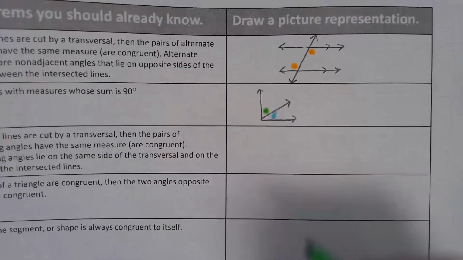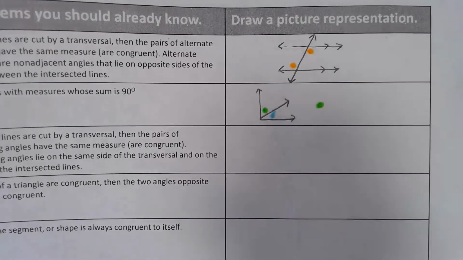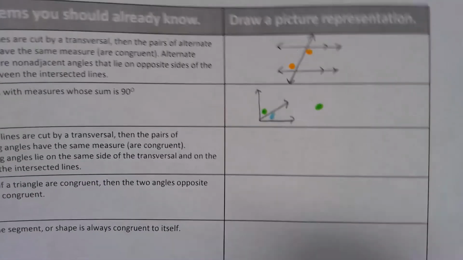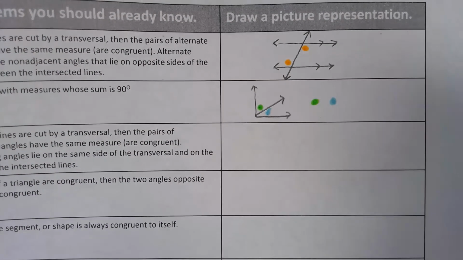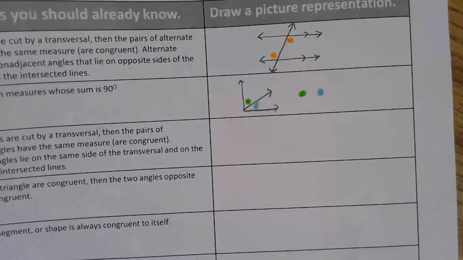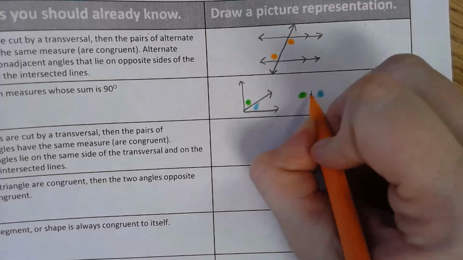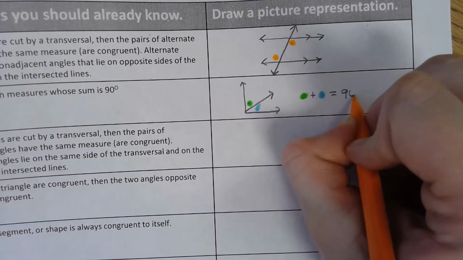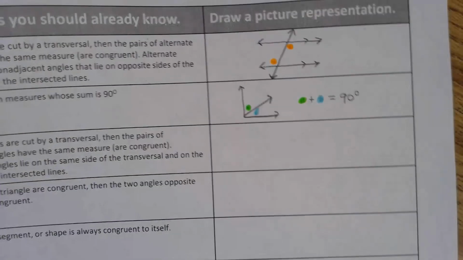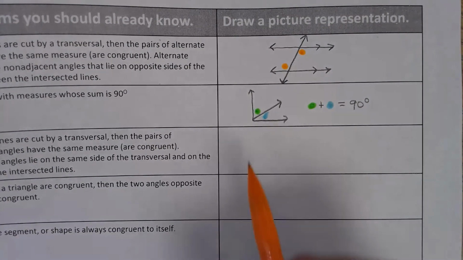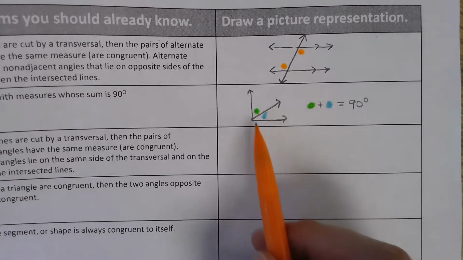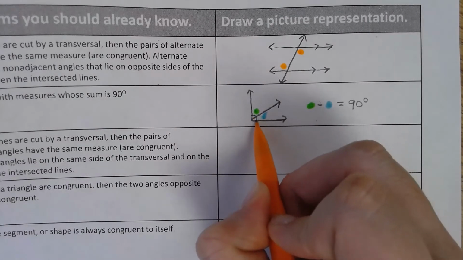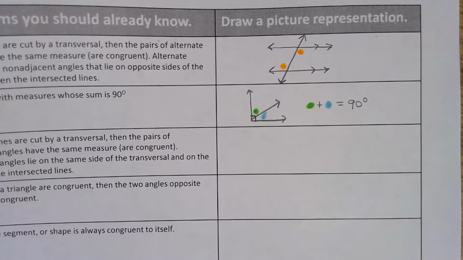So let's write out the green plus the blue is going to be 90 degrees. It is the right thing to give someone a compliment, and complementary angles add to give you 90 degrees, which is a right angle.